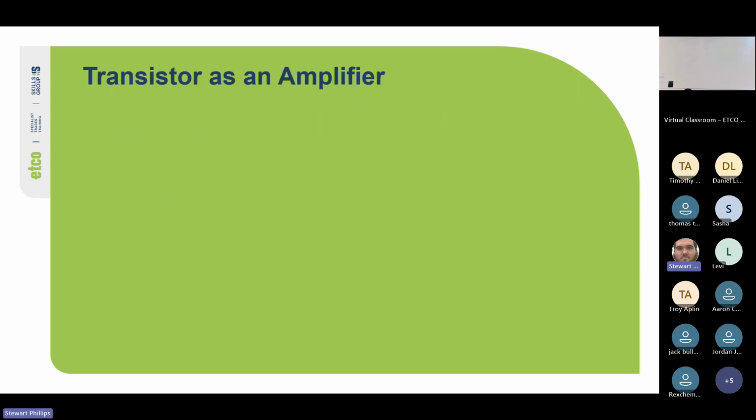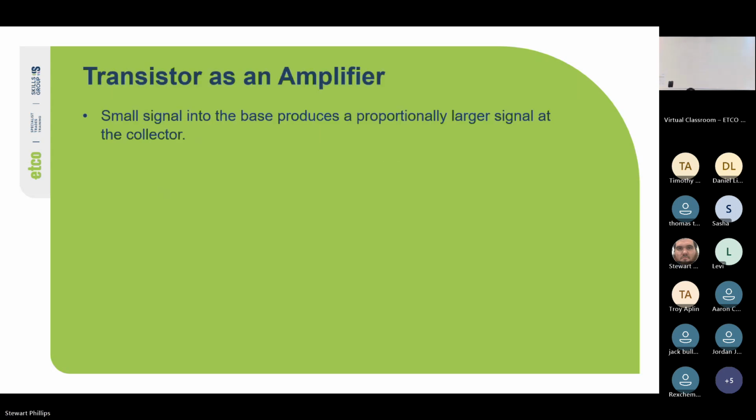Cool. So as an amplifier, a small signal into the base produces a proportionally large signal at the collector. So it's proportional to the gain. Remember, as we increase the base current, it is multiplied by the gain, and that is how much current will flow from the collector to the emitter.